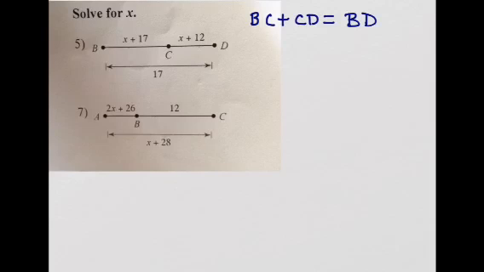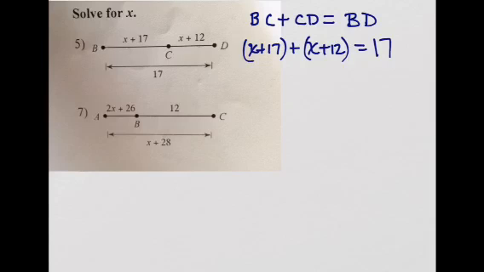values. So BC is x plus 17. And CD is x plus 12. And it equals BD, which in this case is 17. Okay, so on the left hand side, you notice how you have two x's and two constants.